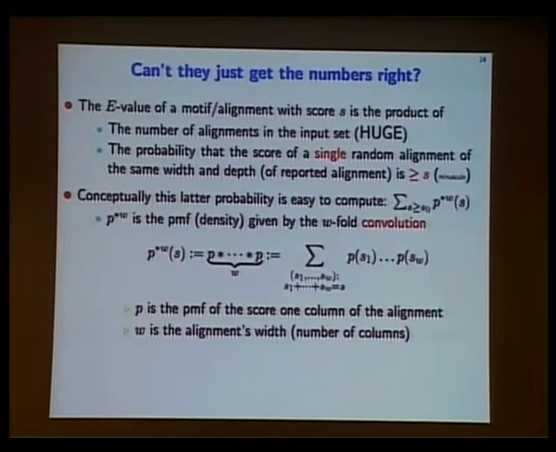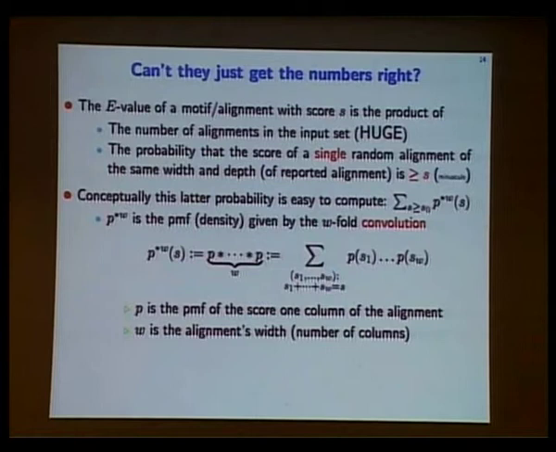Then we talked about how we actually compute the e-value. It's the number of alignments, which is essentially the product of the lengths of the input sequences, times the probability that a single random alignment will score above S. That probability is given by summing, over all values greater than the one you observe, the probability mass function of this score.